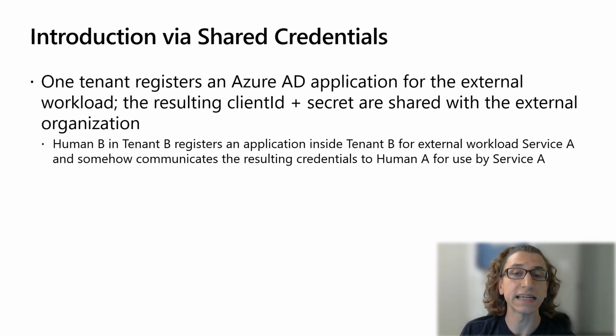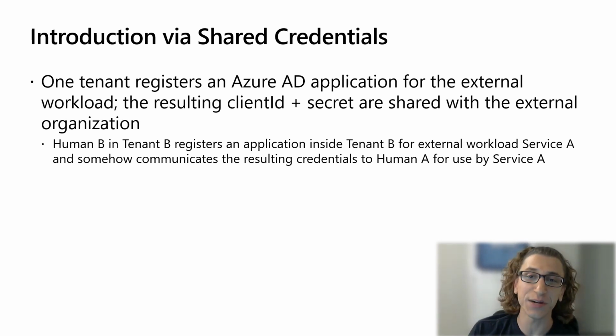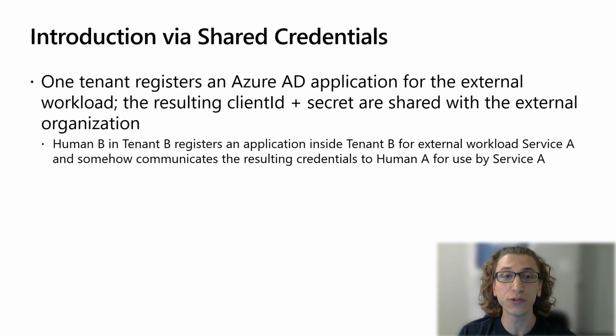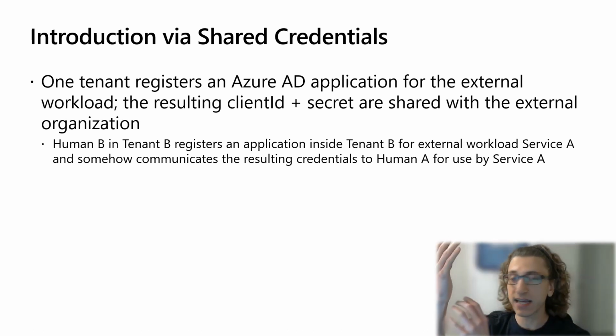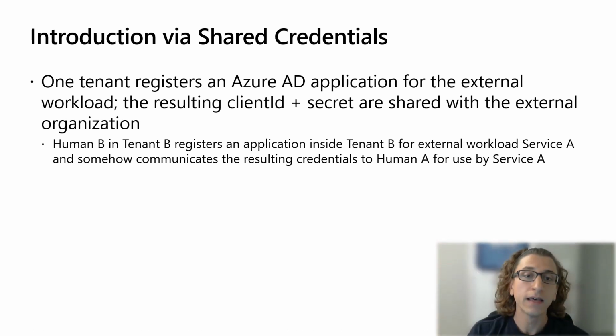The first of which is making an introduction by sharing credentials. And I know that sounds terrible, and it is true that if you can avoid doing this, then you absolutely should. But one really straightforward way to have a token issuer recognize an external workload is if we register that workload as an application in the same tenant as that token issuer.